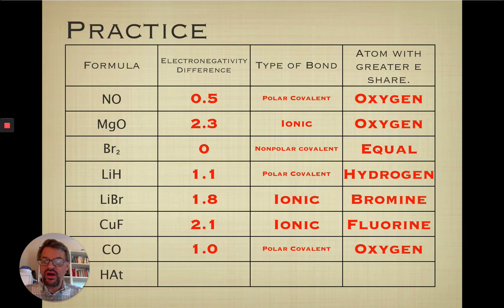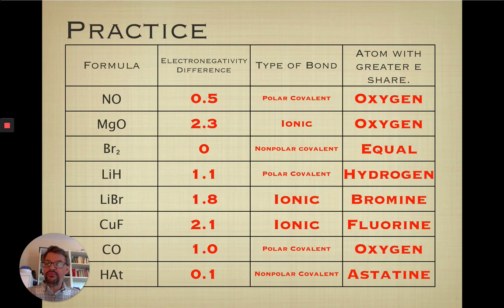One last one, hydrogen and astatine, difference of 0.1. Choose your bond. That is a nonpolar covalent bond. And astatine has the greater share of the electrons.